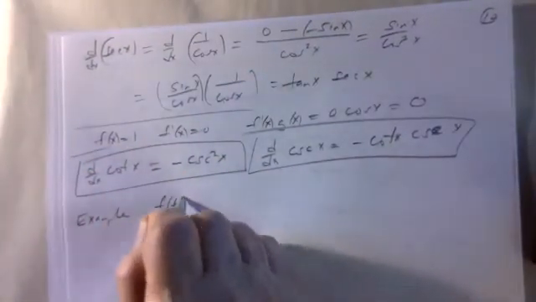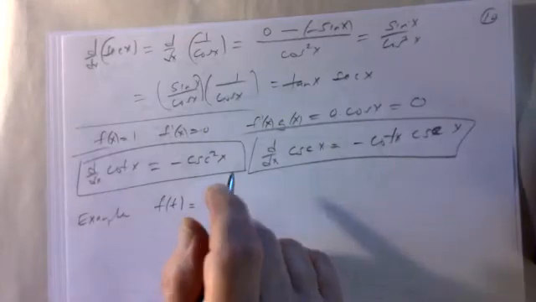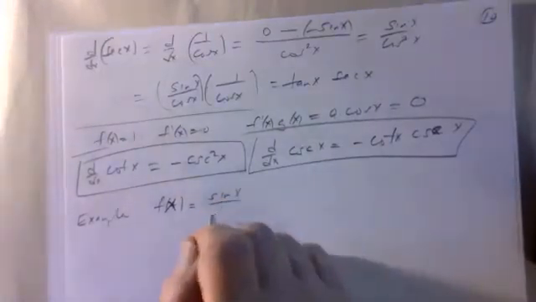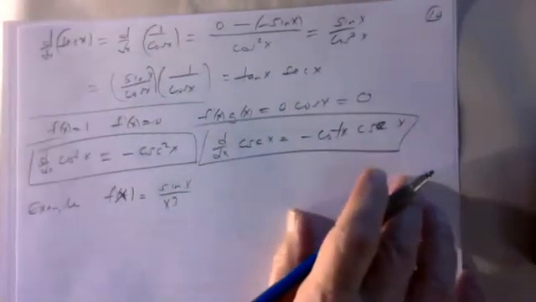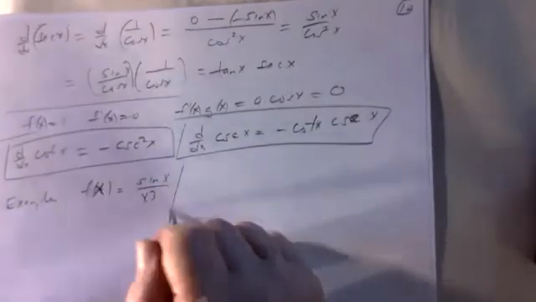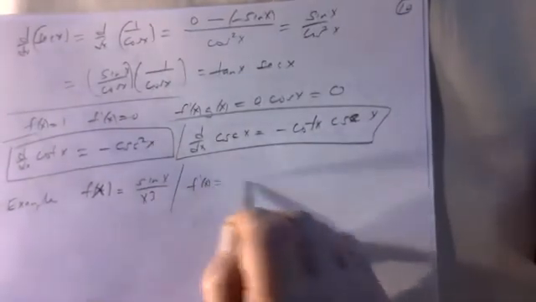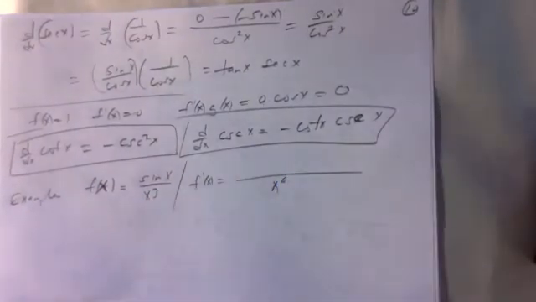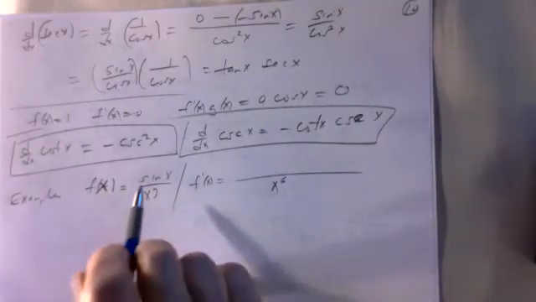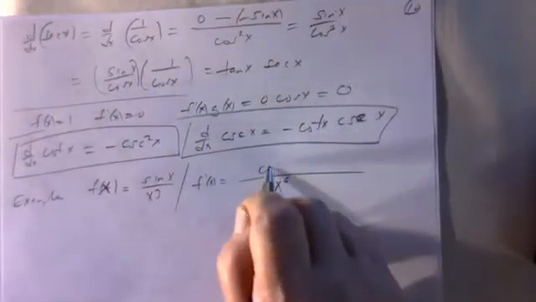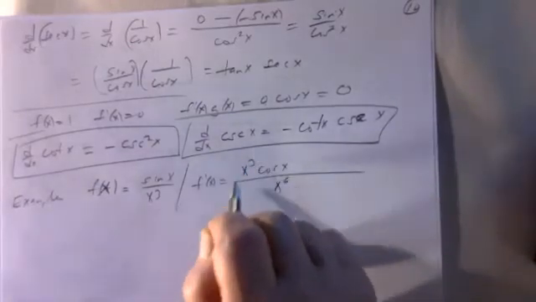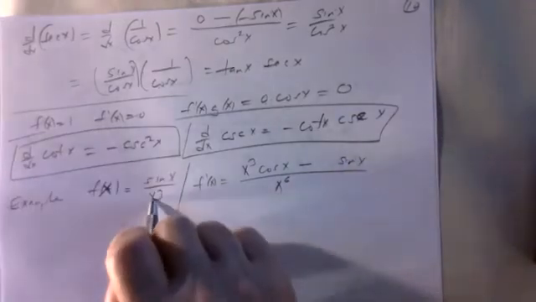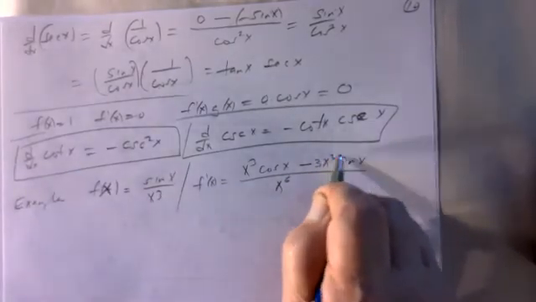Suppose f of x is sine x over x cubed. What is the derivative? Well, the denominator is going to be x cubed squared, which is x to the 6th. And the numerator will be the derivative of the sine times the denominator, x cubed, minus the sine times the derivative of x cubed, which is 3x squared.